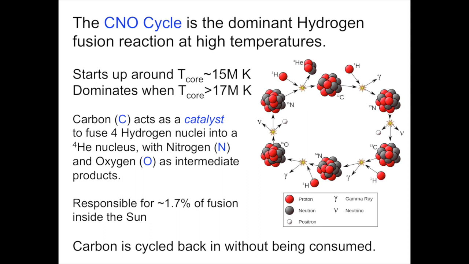That's a very difficult reaction to occur, and so there's 2 pathways, either the pathway of the proton-proton chain or the pathway through the carbon-nitrogen-oxygen cycle. The end result is the same. 4 hydrogens are fused into a helium with the release of energy in the form of photons and neutrinos, which stream out of the sun and can be detected in large underground detectors.